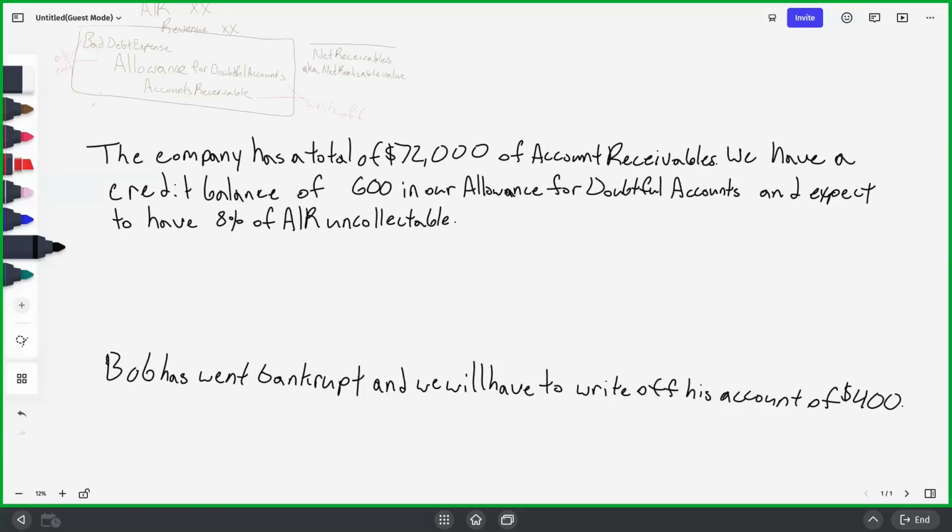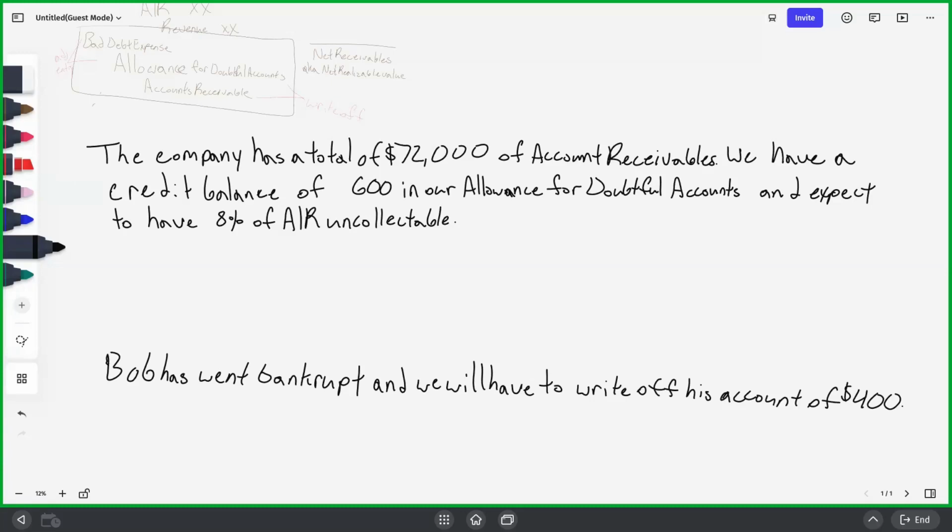You take the accounts receivable, 72,000, times the percentage, and that gives you the middleman. Since we calculate 28%, that's part of it.